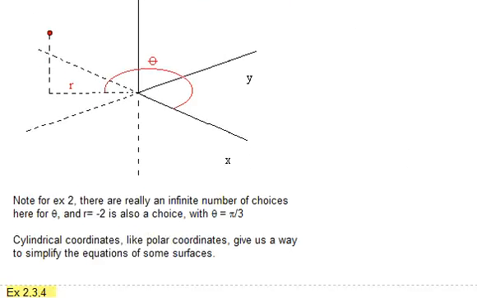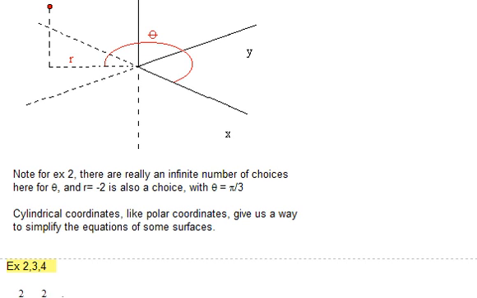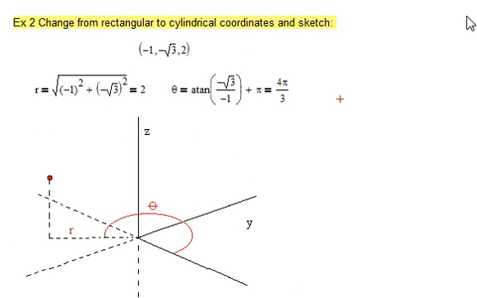Did I list it anywhere? I didn't list it anywhere, so I should list my r theta z. So as an ordered pair, it would be 2, 4 pi over 3, and z is also 2, so 2.